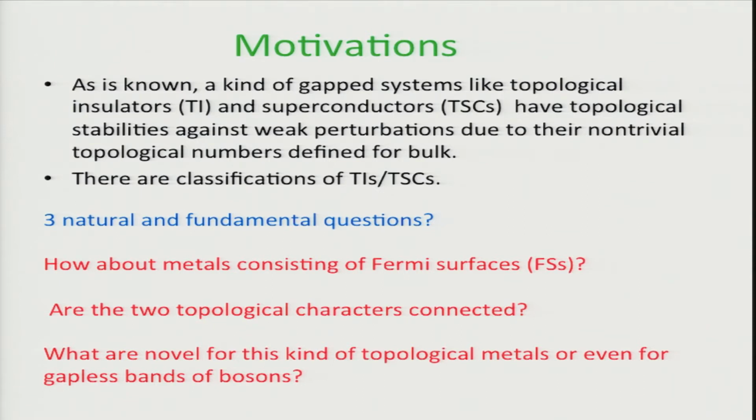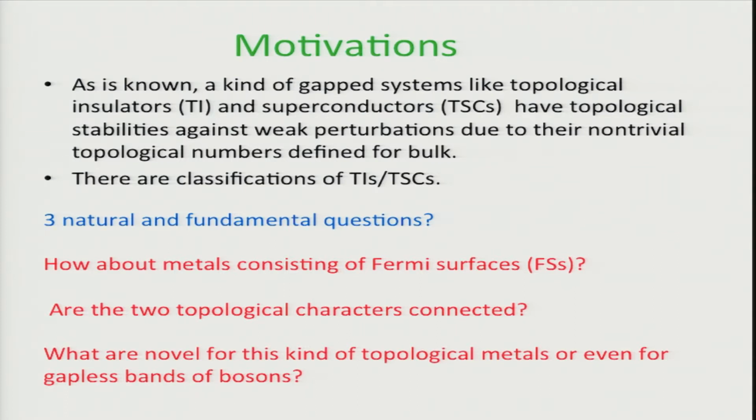We know that they have some topological stabilities against weak perturbations due to the non-trivial topological number defined for the bulk. Okay, there are some classifications for the TRS and the particle-hole symmetry.